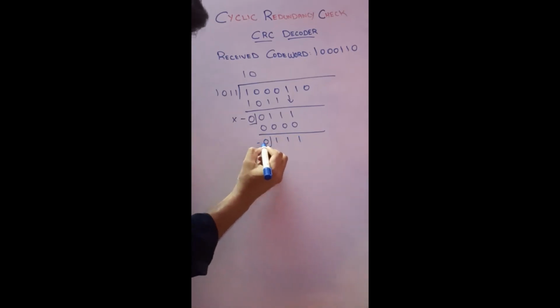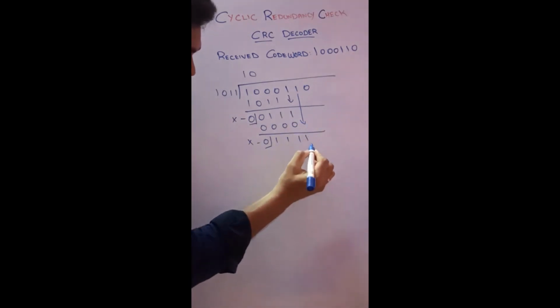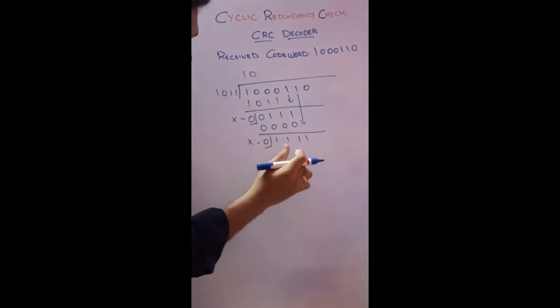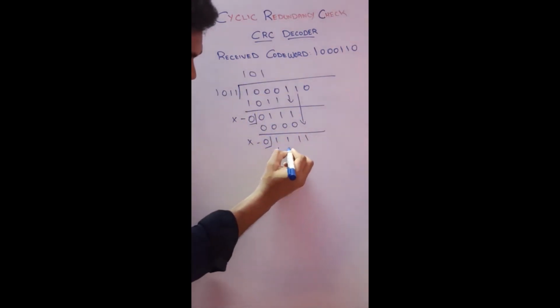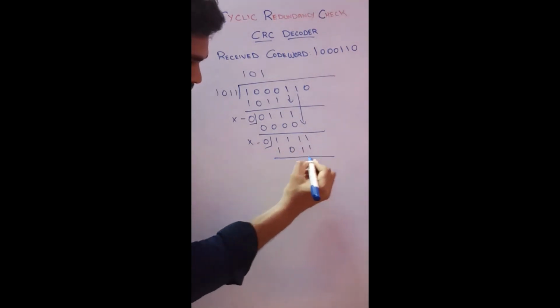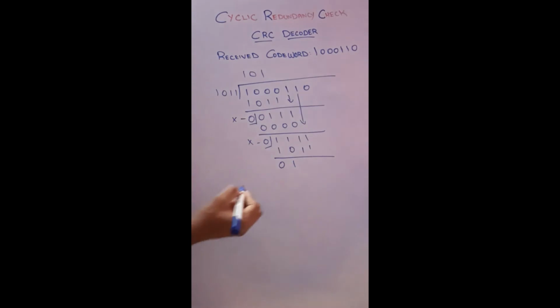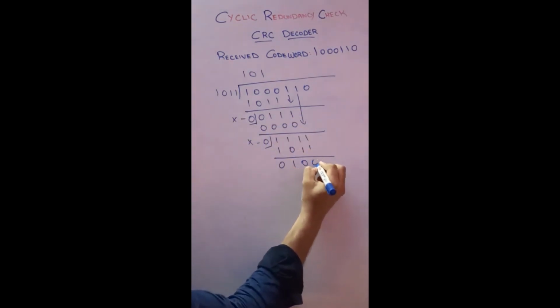Remove this most significant bit and drop down the next value, because at one time there should be only 4 bits. So drop down the next value, it is 1, 1, 1, 1, and multiply it with 1. Since the most significant bit is 1, you multiply the divisor with 1, and the result will be 0, 1, 0, 0.